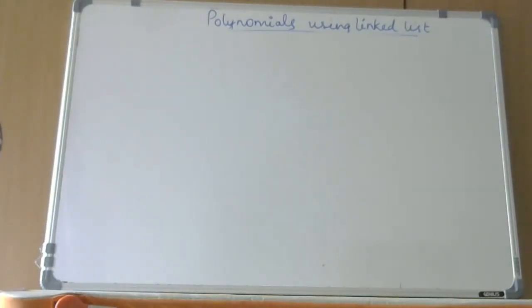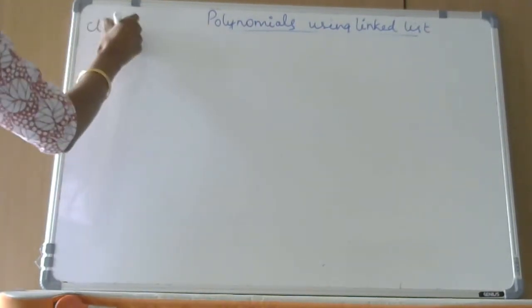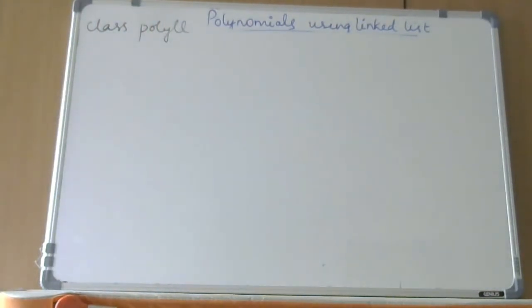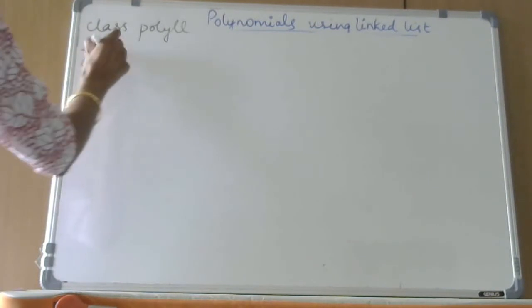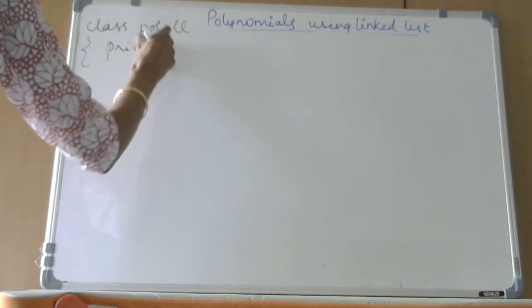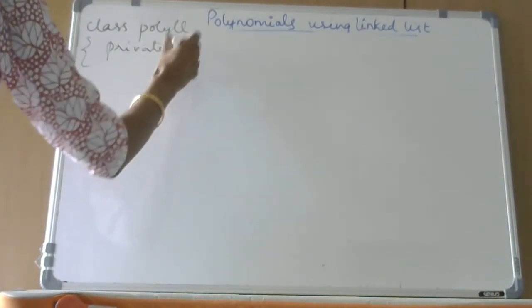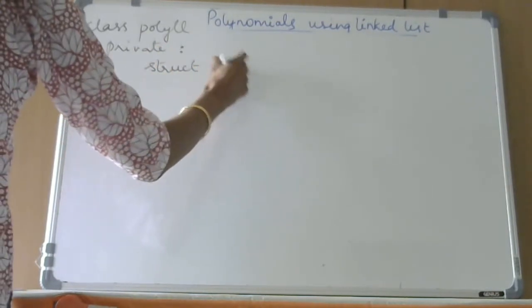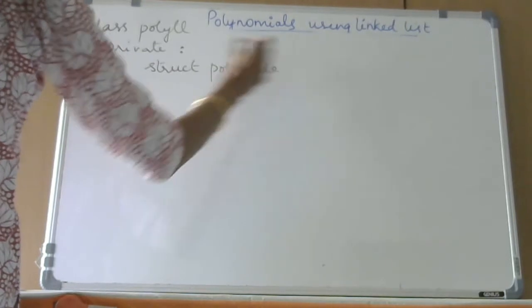If I want to write simple code for polynomial, I will take a class poly linked list, so I will call it poly_ln. Then I will declare something as private. I will take a node, so struct, I will call it polynode.